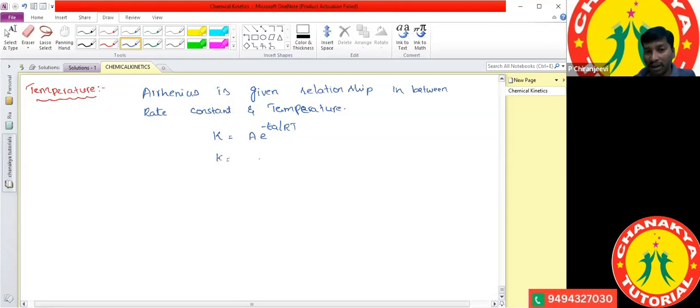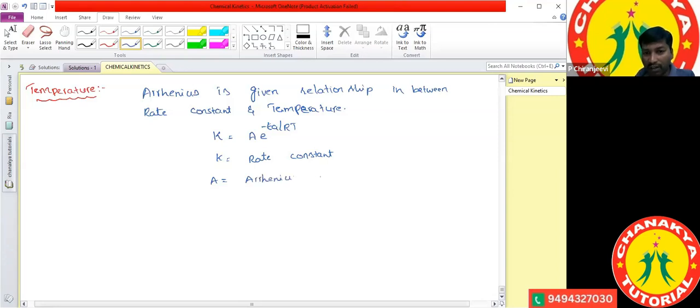K is nothing but the rate constant. A is the Arrhenius frequency factor, which we can also call the frequency factor.